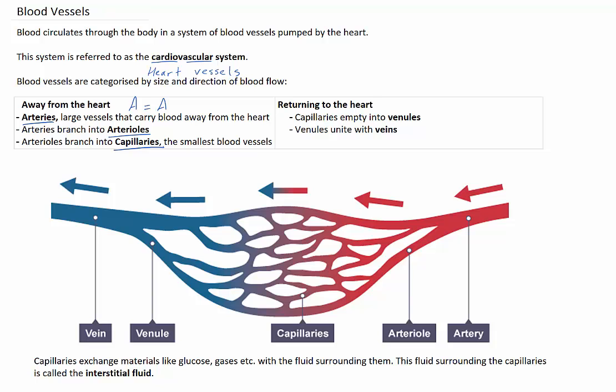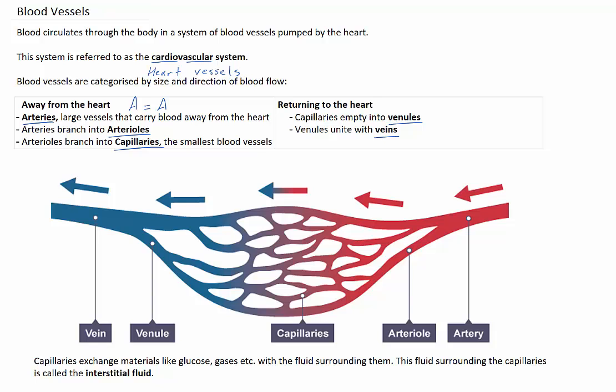Capillaries then empty into venules, which are returning to the heart. And venules are comparative to arterioles in size. The venules then unite with veins, which are similar to arteries in size, except they're returning to the heart.